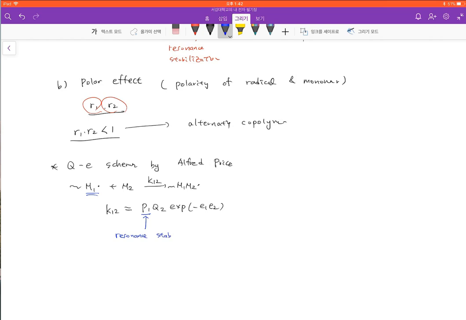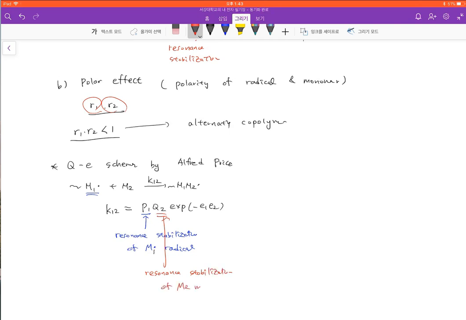Here, P1 represents the resonance stabilization of the M1 radical. Okay, and Q2 represents the resonance stabilization of the M2 monomer.